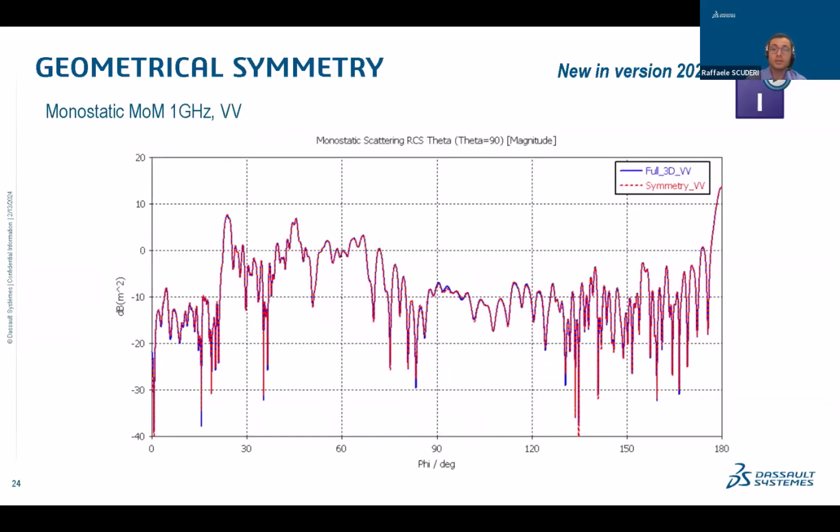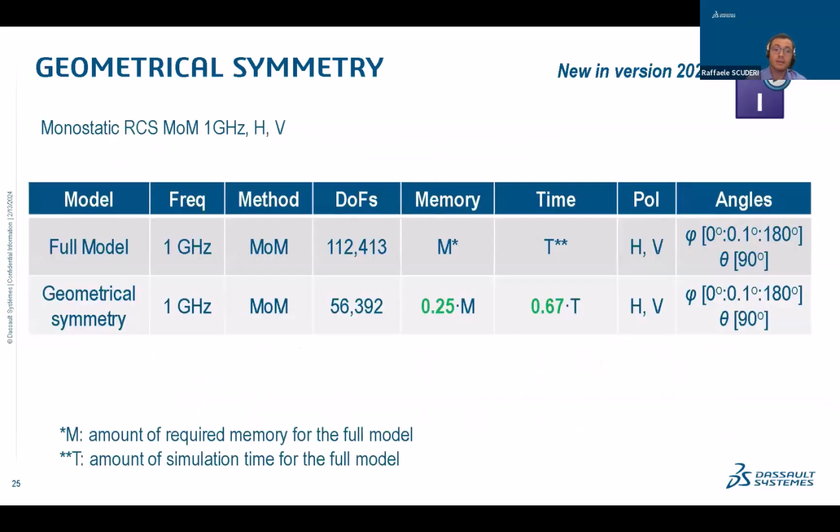So basically, we are not losing anything in terms of accuracy. And the great news is the big advantage, really, really big in terms of memory, especially, and also in terms of time. So we can get the same results much faster and with much less memory. So that's a very, very nice improvement that we did in the latest version.